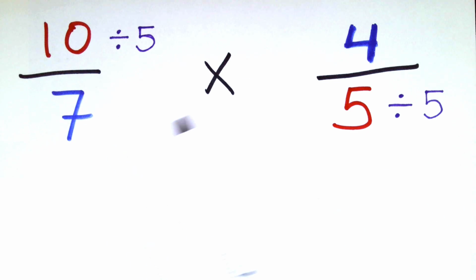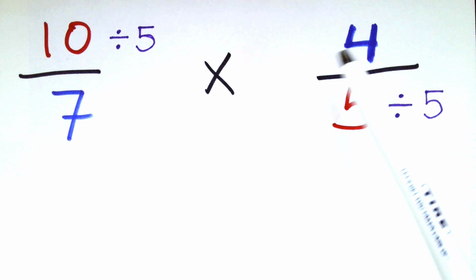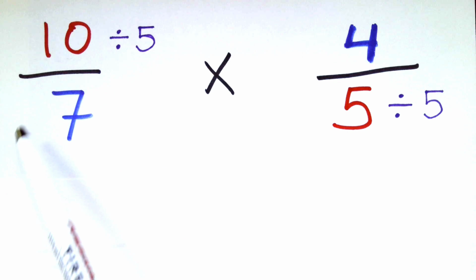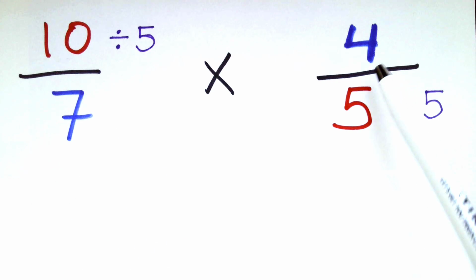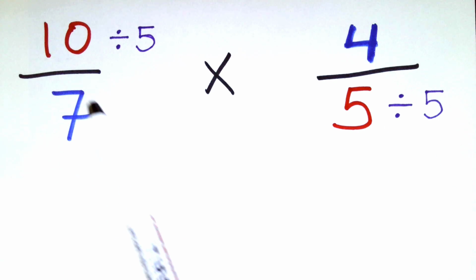Looking at the 7 and 4, the only number we can divide into both of these numbers is 1. And that won't work because 7 stays 7, 4 stays 4. 7 is an odd number, 4 is an even number, so that doesn't work out. Now we're looking at 10 and 5.